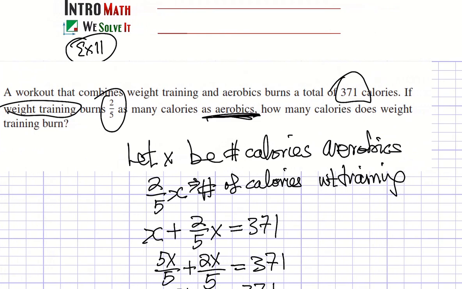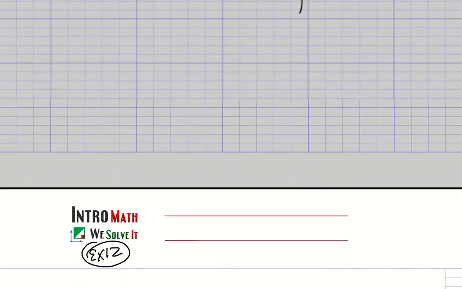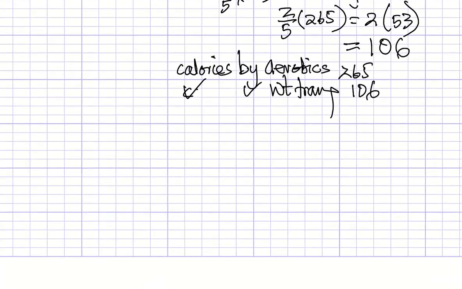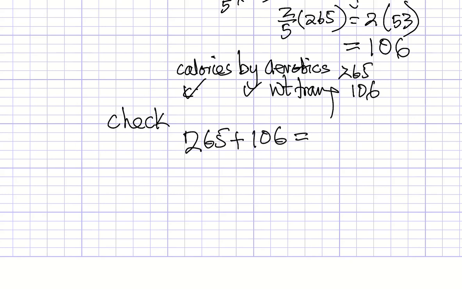If you put those together, you get 371. So I think it checks out. Check it: 265 plus 106, if you add those together, yes, you get 371. So it checks out. We'll move on to the next one.